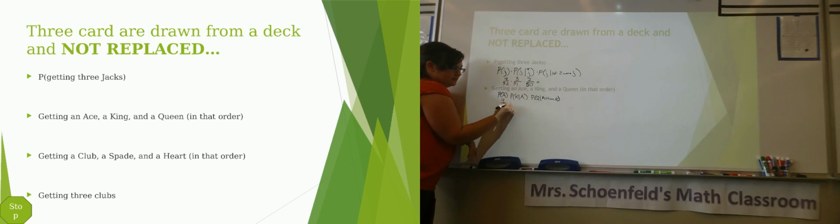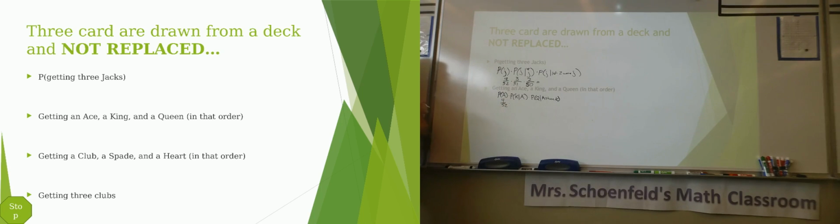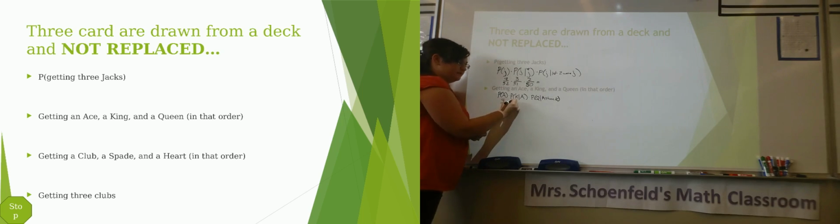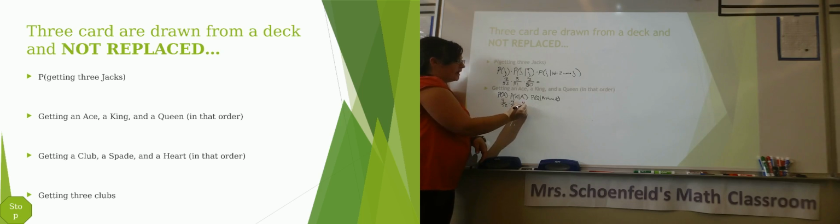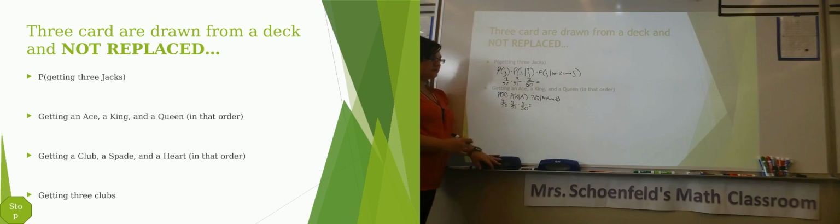Are we sure about that? We are sure about that. We've done lots of those. Probability of a king: how many kings are left? Still 4 kings. Probability of getting a queen: how many queens do I have left? I haven't taken a queen yet. How many cards do I have left? Okay, so that's what those look like.